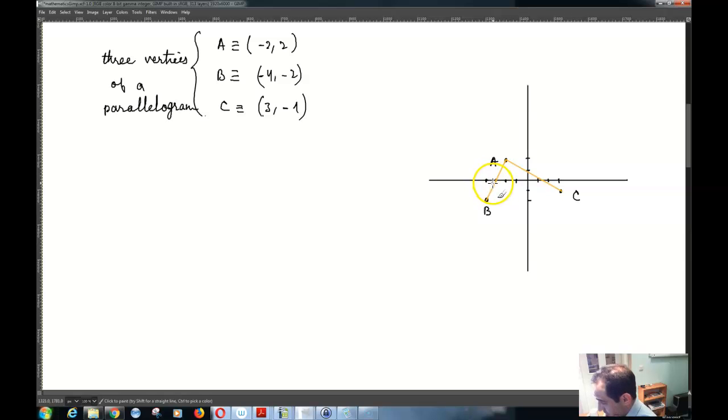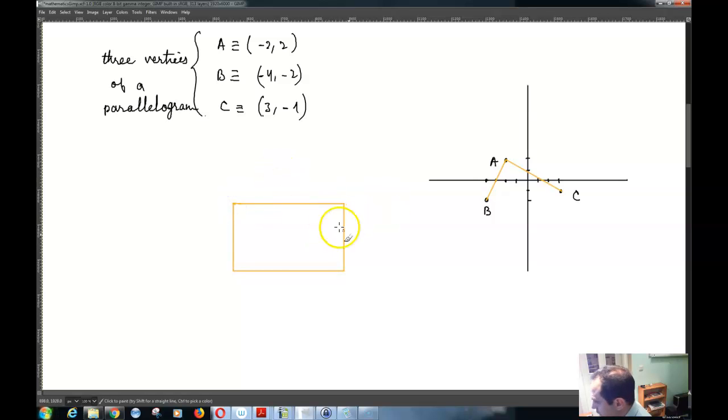Okay, so let me see how we can solve this problem. The way that I thought about this, whatever sort of parallelogram you might have, suppose that you have this parallelogram over here.